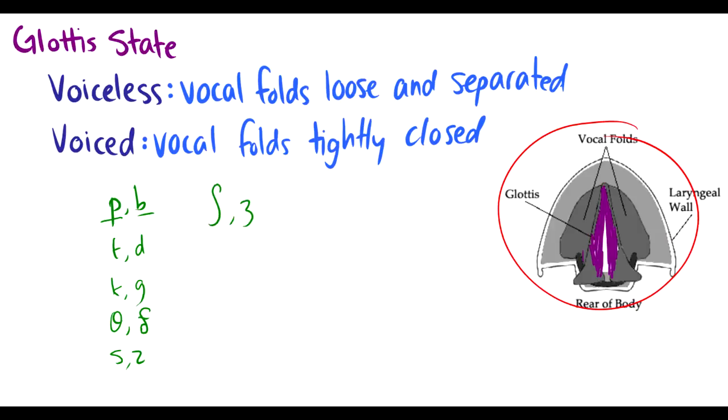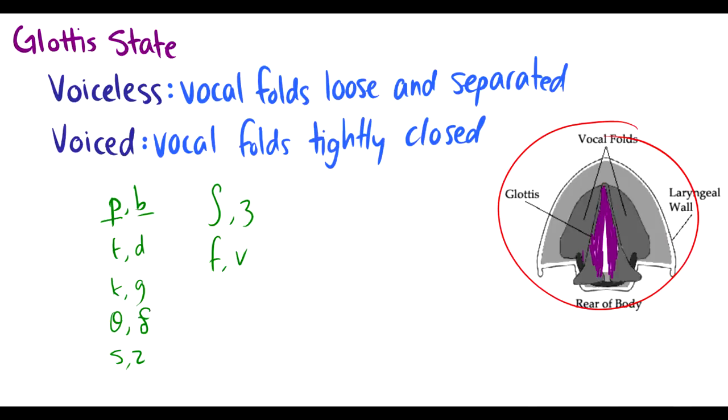What else do we have? We have our f and our v. And of course we do have more, but I just can't think of them right now. So our voiceless come with voiced when we have consonants. And the only distinction there is that the vocal folds are either tight and vibrating or they're loose and separated. So these are the distinctions.